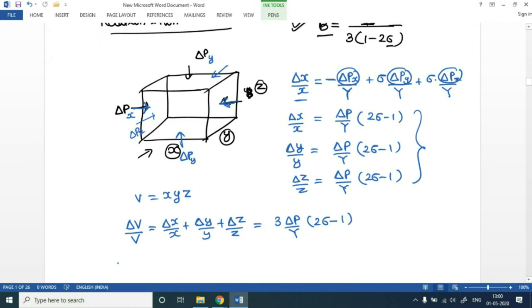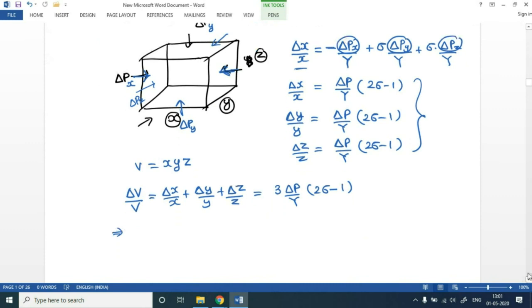And delta V by V, from the definition of bulk modulus, is nothing but minus delta P by B. So that is equal to this, and you can take a negative sign common here, so that the negative gets cancelled.